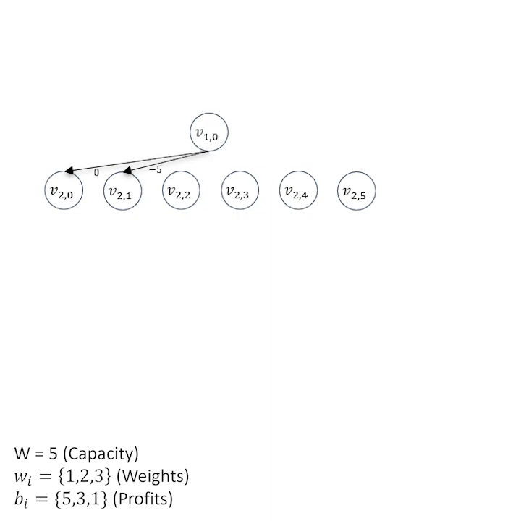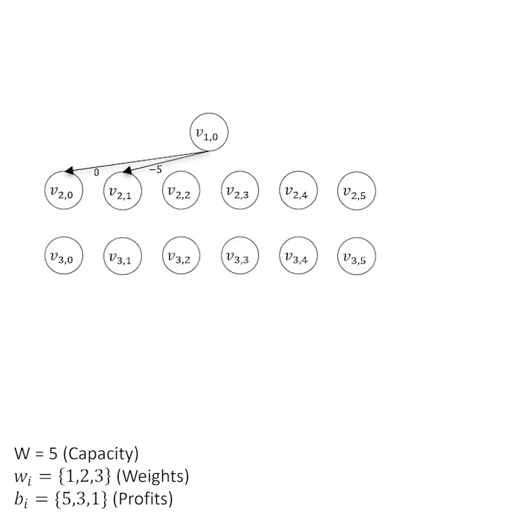So the third row of vertices represents item 3, but first we have to either get item 2 into the knapsack or decide not to put it into the knapsack.